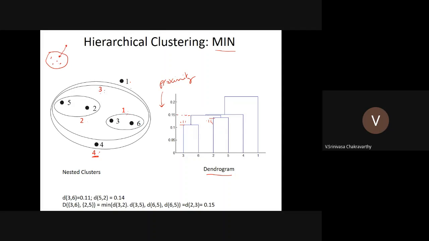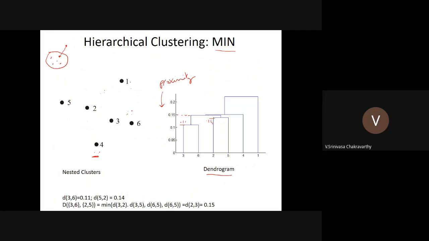In this case, probably it is 1 and 3, and that is some 0.2 something. So let us see what that could be. So 1 and 3 is, yeah, 0.22. And 1 and 2 is 0.24. That is higher, so 1 and 3 is closer than 1 and 2.